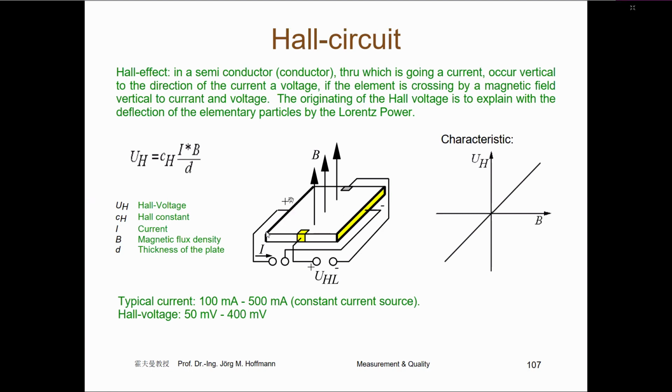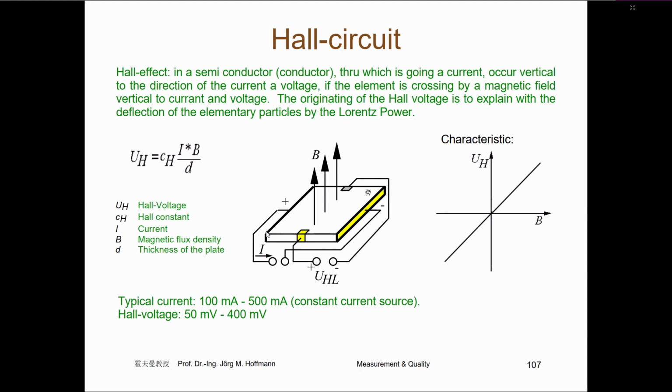Here you have a current. The electrons are going from the right side, in this case, to the left side. And when you set it in a magnetic field, the electrons get a drift, in this case, to the upper side, so that the electrons make a bow caused by the magnetic field.